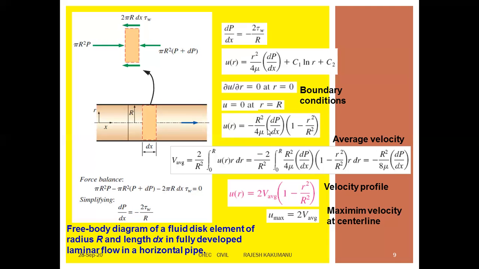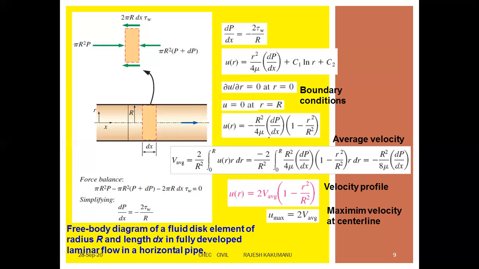Therefore this is the average velocity. Differentiating, V average is equal to 2 by R square. Differentiating with respect to r, u(r) dr is equal to minus 2 by R square, with respect to r square by 4 mu dP by dx.